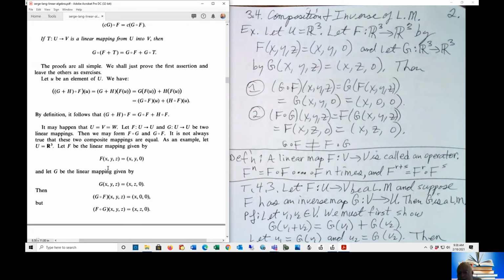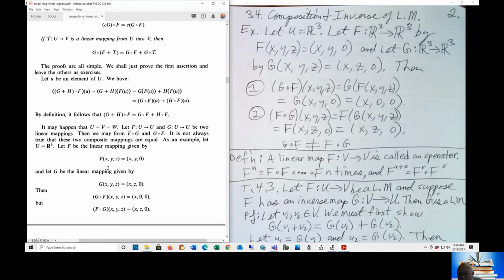Now G composed with F is G of F of x, y, z, which is G of x, y, 0, but how does G operate? We see that G will always have 0 in the third component, and it has the z in the second component.